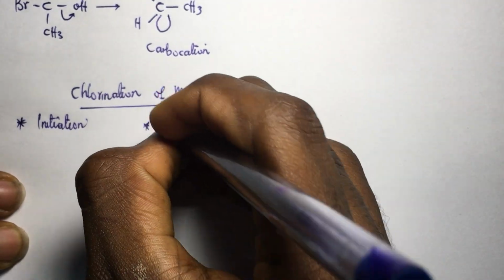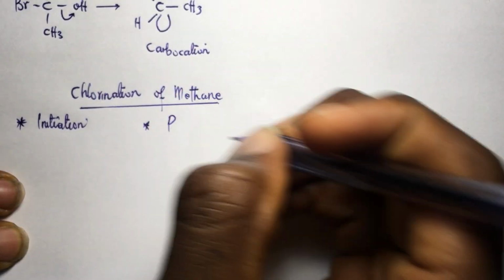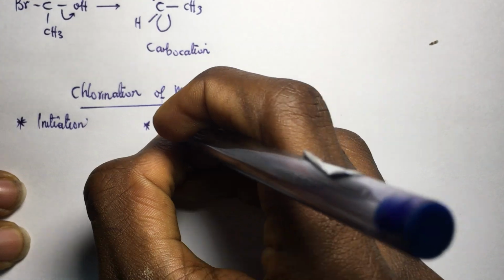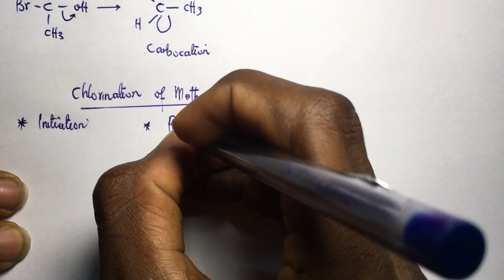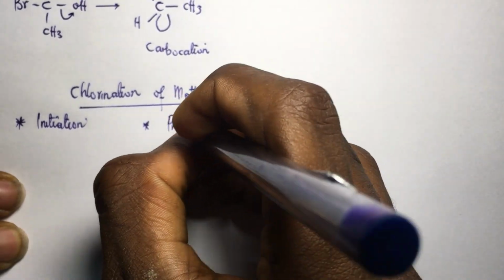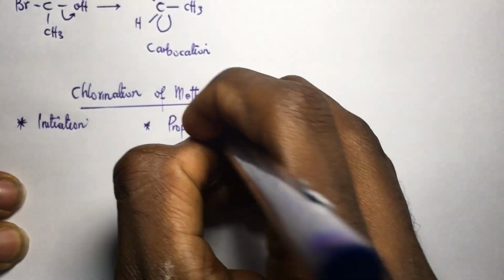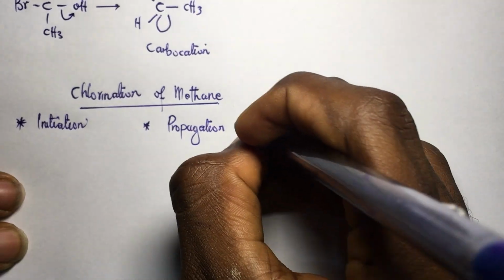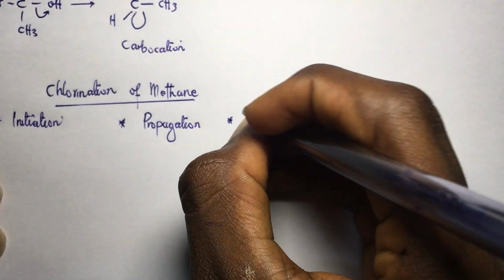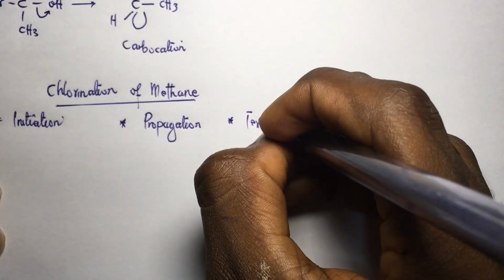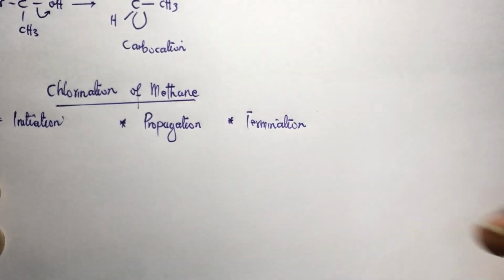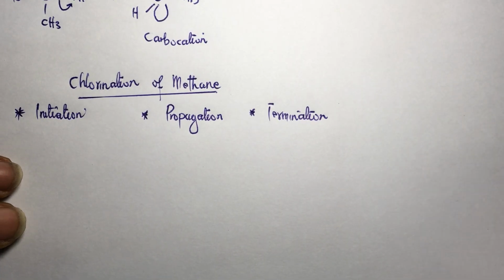That is where your hydrogens are replaced by chlorine, or the halogen. And the third step is termination, where two radicals come together to terminate the reaction. Now this sounds very simple.